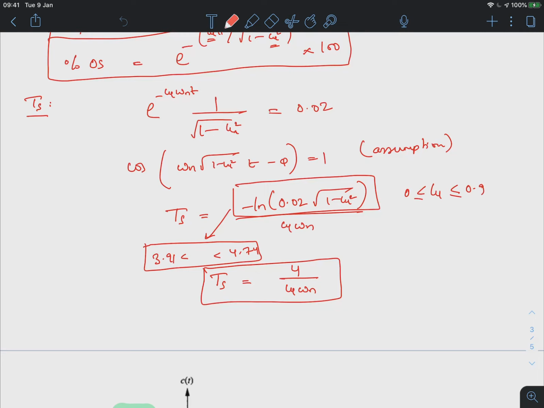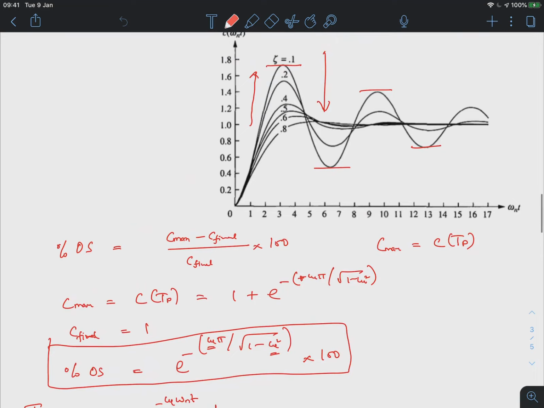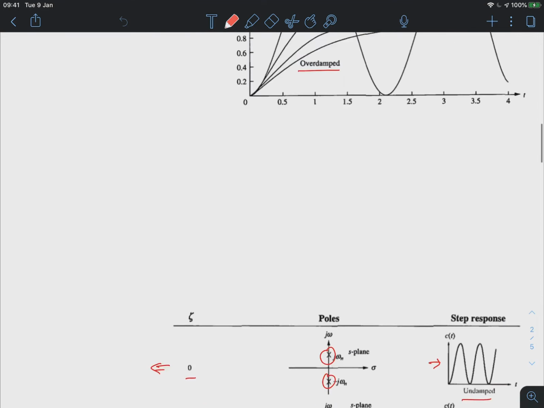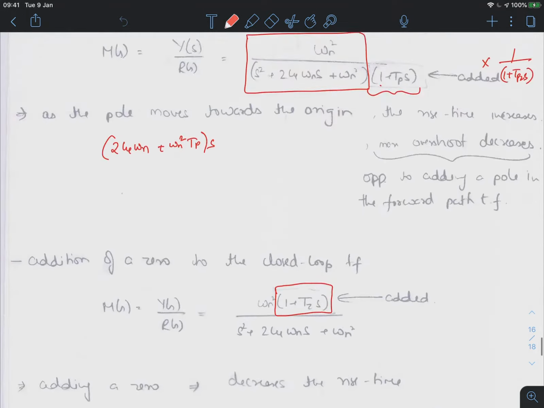Yes, Ts is 4 upon xi omega n when xi is between 0 and 0.9. So we come up with this approximation. So let me see where we have these formulas.